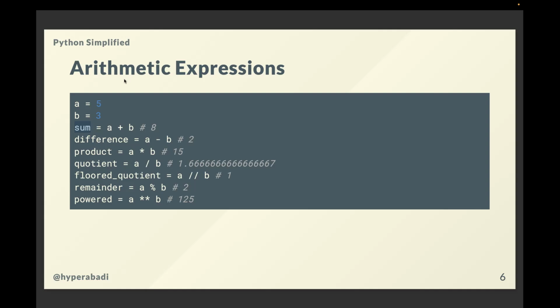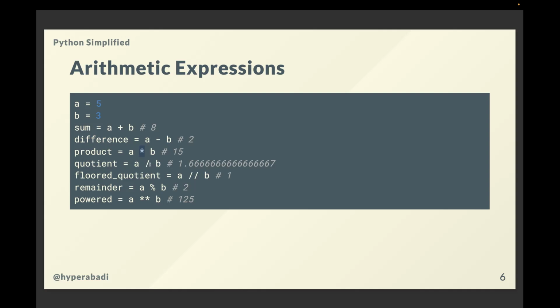So in arithmetic, as the name suggests, you can perform a few arithmetic operations. For example, you can use operators like plus to compute the sum of a and b. If you use subtraction or minus, then we are going to compute the difference. And to multiply two variables, you can use an asterisk, star.